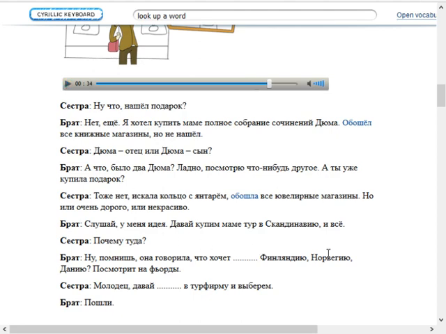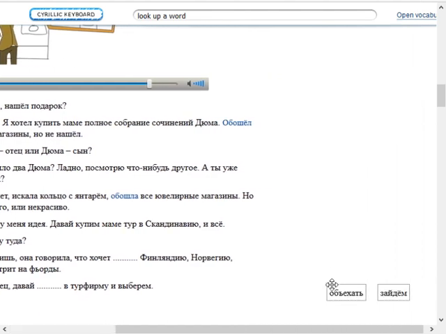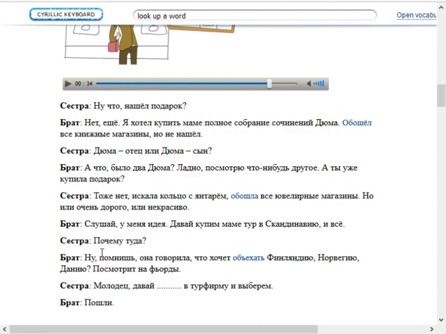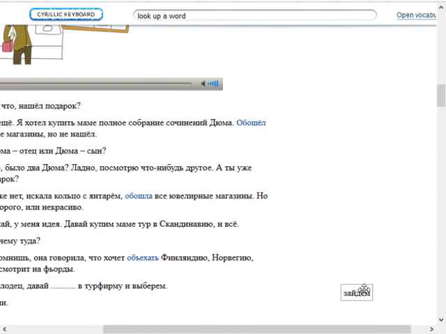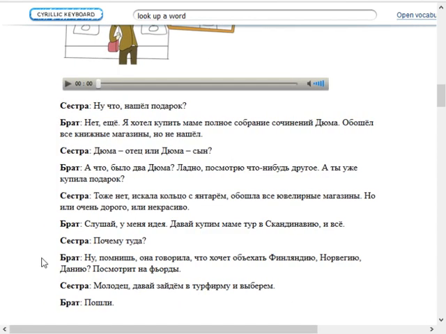Okay, so let's put in the word here, объехать. Again, об, to go around. So remember, she said she wanted to go around Finland, Norway, and Denmark. Посмотреть на фьорды. Look at the fjords. Молодец. Давай зайдем в турфирму и выберем. Okay, so the last word, of course, is зайдем.